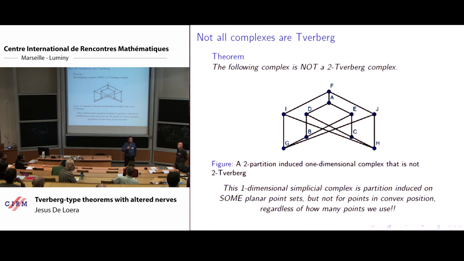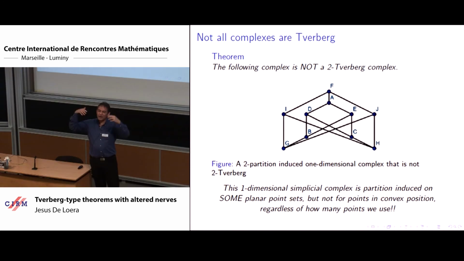Yeah, thank you for your question. The answer is yes, and this is coming from complexes that were studied by actually Perelman, the same Perelman that solved the Poincaré problem. He studied some really weird simplicial complexes that cannot be realized by intersections of convex sets.